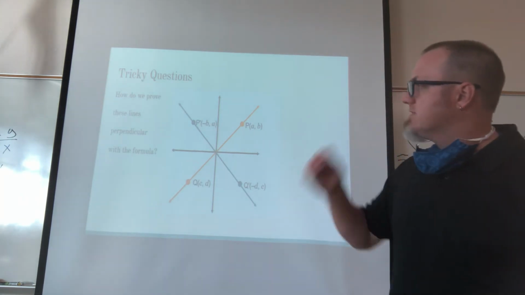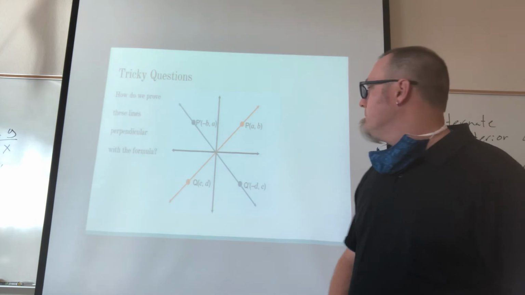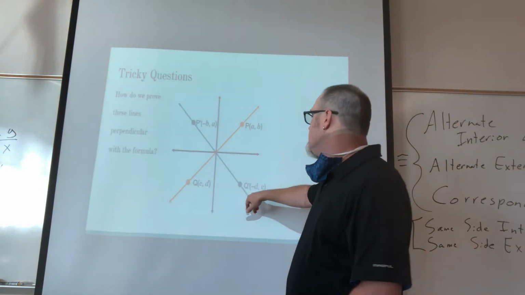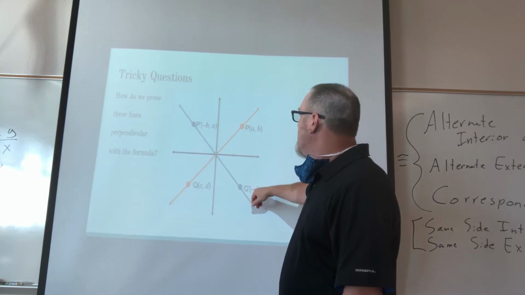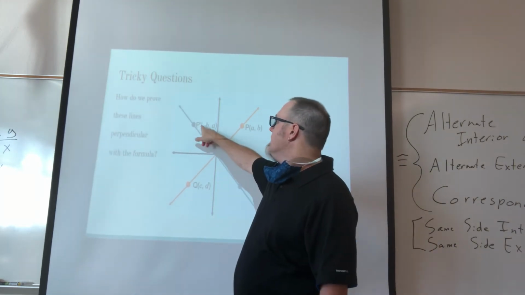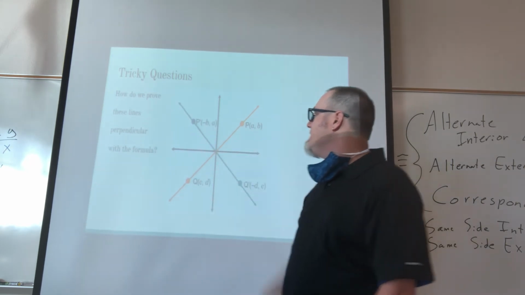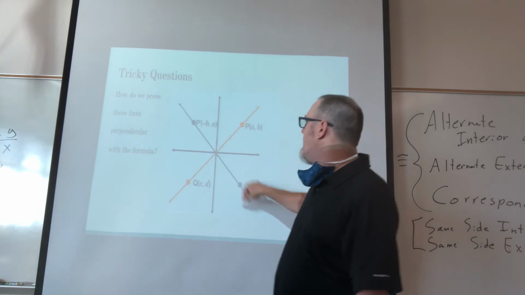The other tricky question, how do we prove that these lines are perpendicular with the formula? So this would be C minus A on the bottom and a -D minus -B. Oh no, wait, the y values go on the top.